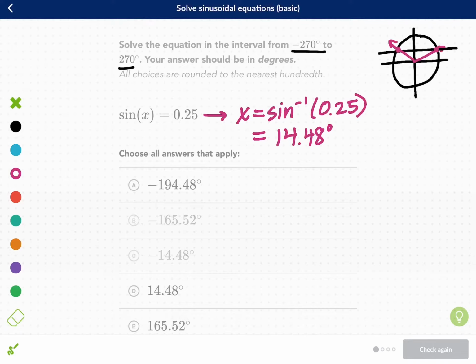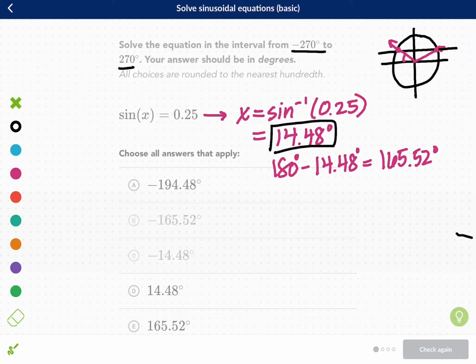Well, it's going to be over here also, which is just 14.48 shy of 180, or 180 minus 14.48, which is 165.52 degrees. So cool, I've got two solutions to start off with.